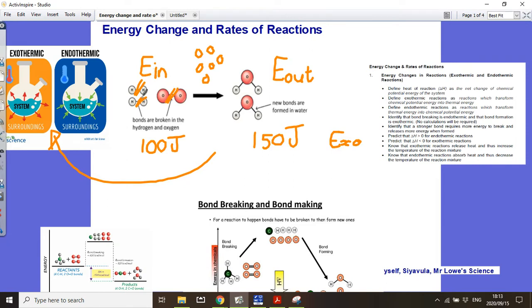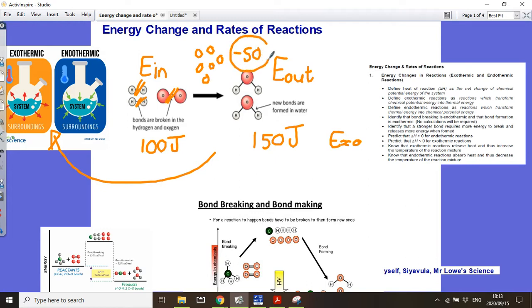But now you need to think about these chemicals. The chemicals are taking in 100 joules and they're giving out 150 joules. So did the chemicals end up with a lack of energy or more energy? If they only took in 100 and gave out 150, the chemicals end up with minus 50 joules of energy.